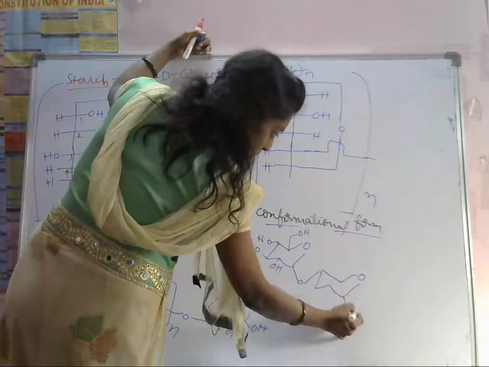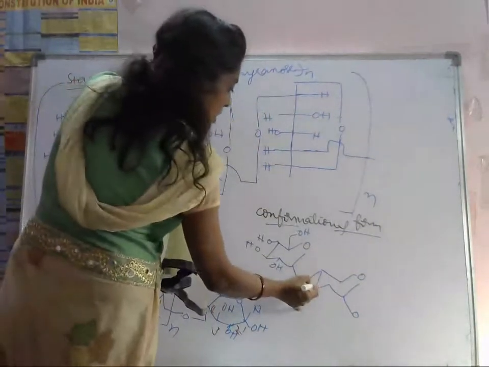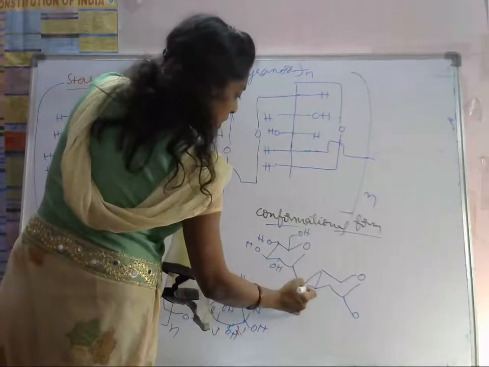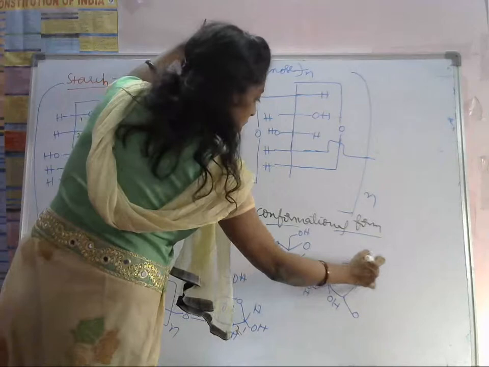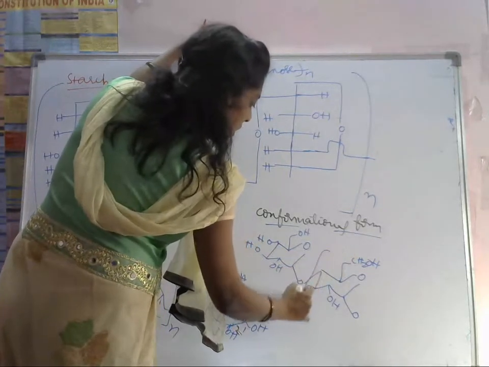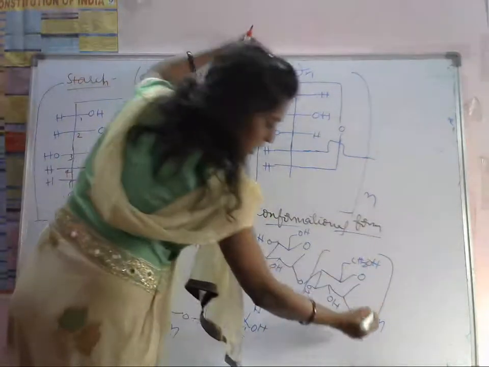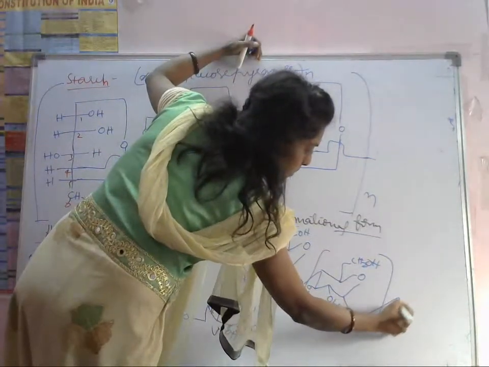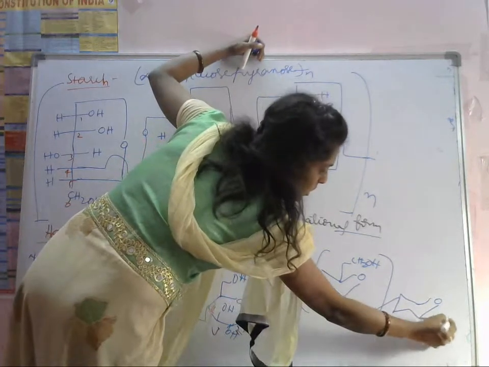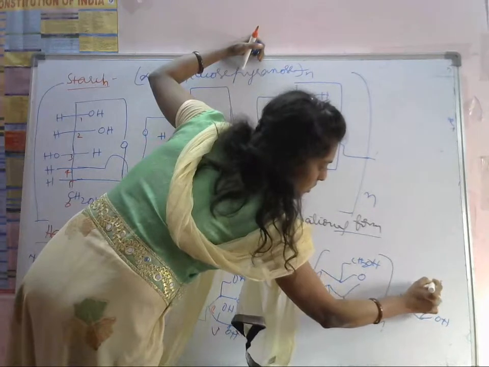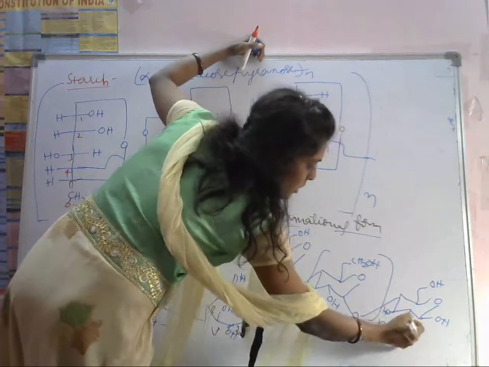We have to represent this one. Here OH is there, OH, CH2OH. If it is having n times, next it is connected with this one. OH here, CH2OH, OH, here OH.